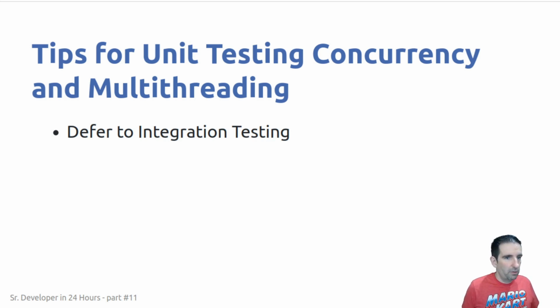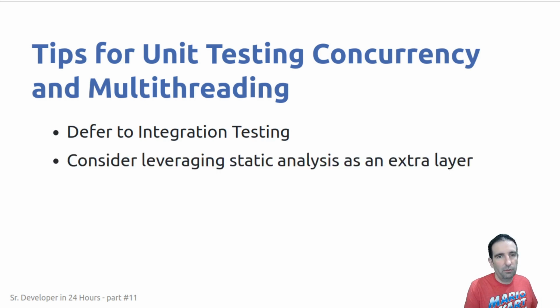That's where you can start scaling up, adding more load, things like that, to ensure that we are covering those cases. Also, you can consider some static analysis tools that will examine your code and try to identify potential multi-threading and concurrency issues.